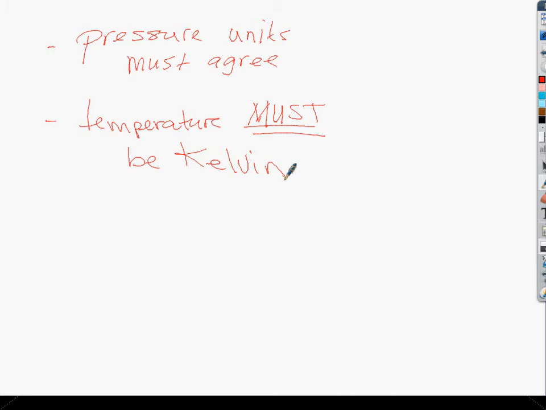So you'll get smaller numbers than you're supposed to if you don't work in Kelvin. Most of the units I give you are going to be in Celsius. So Kelvin is equal Celsius, what? Plus 273. So if it's not in Kelvin already, you need to add 273 to it to put it into that scale.